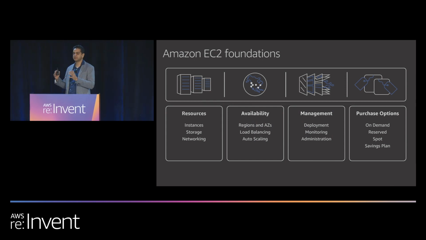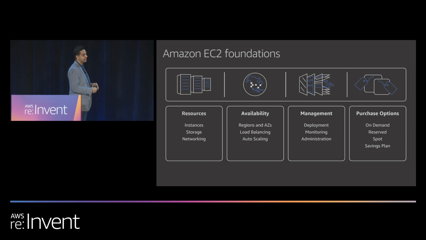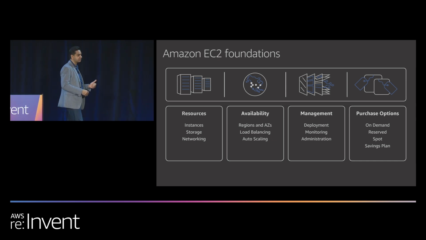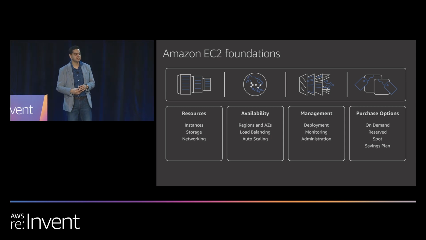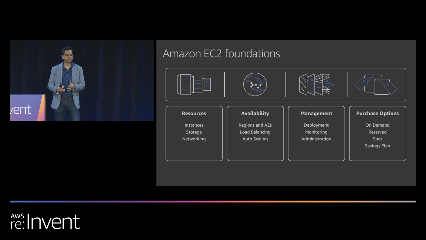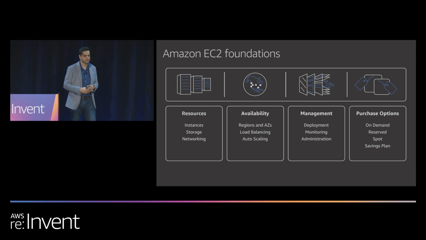So our discussion today is going to be broken up by these 4 sections. We're going to talk about resources, primarily EC2 instances, but we'll also very quickly touch upon storage elements associated with EC2. Networking is a really big part for EC2. We'll discuss availability, the concept of regions and availability zones, and how to build resilient applications.